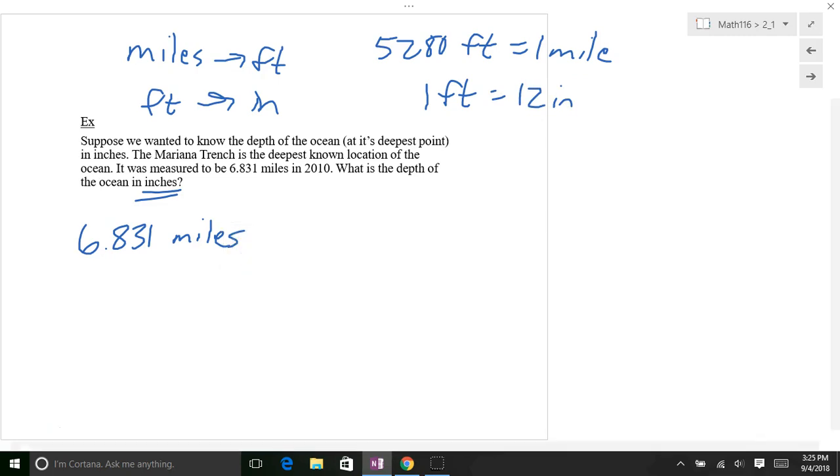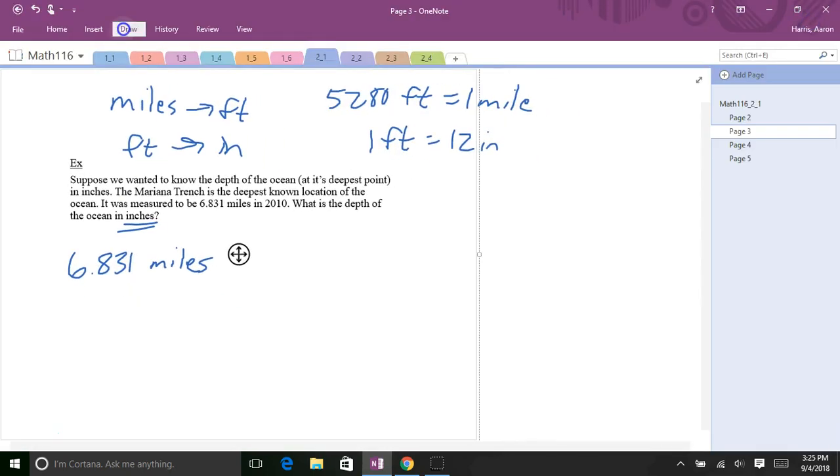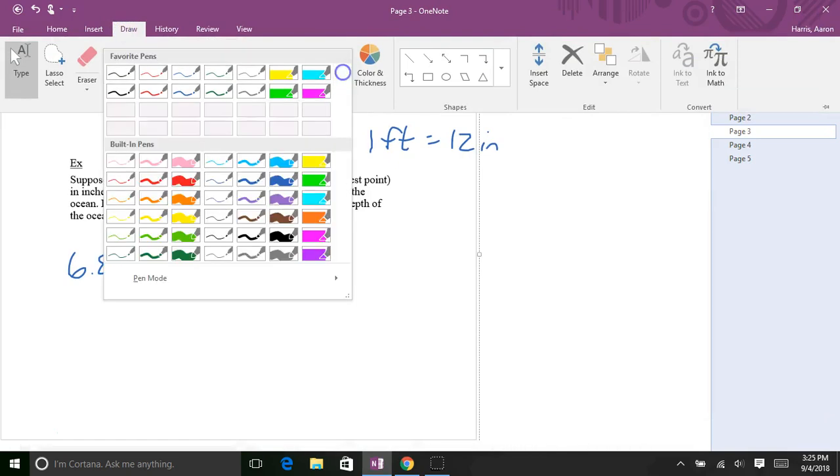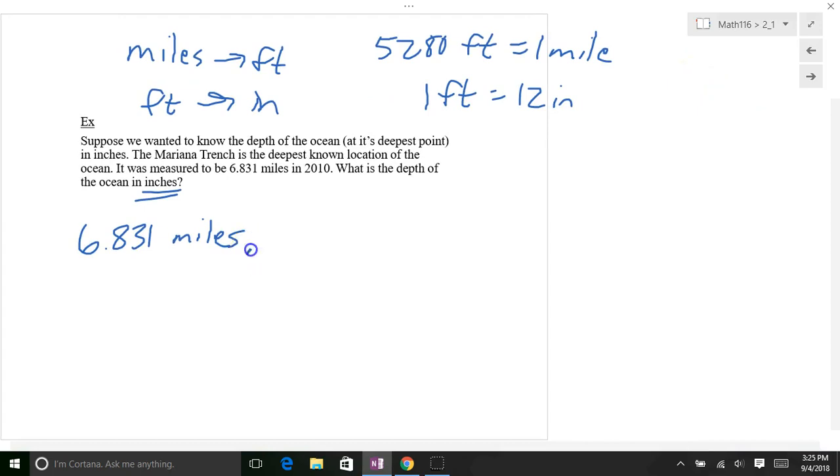So what I do is multiply this by 5,280 feet for every 1 mile. Notice that your miles unit cancels.